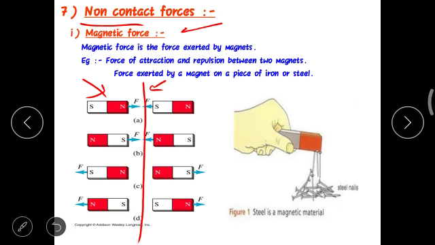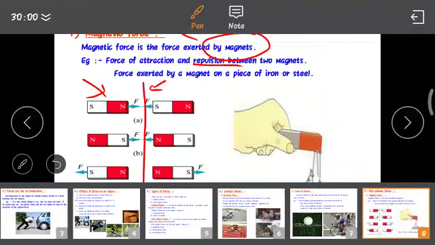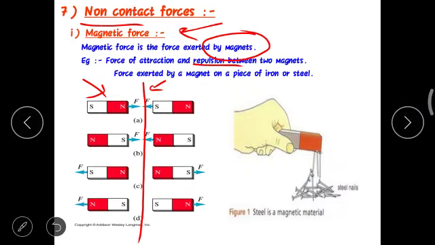The first type of this is the magnetic force. Magnetic means the force exerted by the magnet. It can be attractive, it can be repulsive. If two like poles are there, there is a repulsive force, both objects will repel each other.